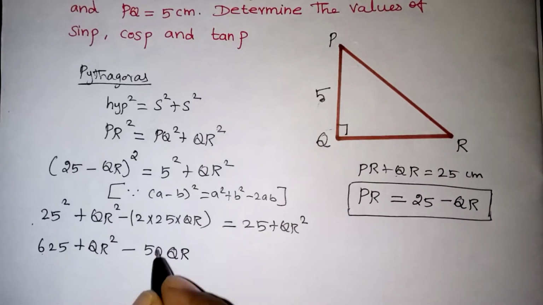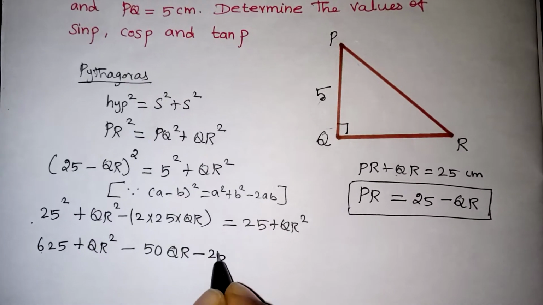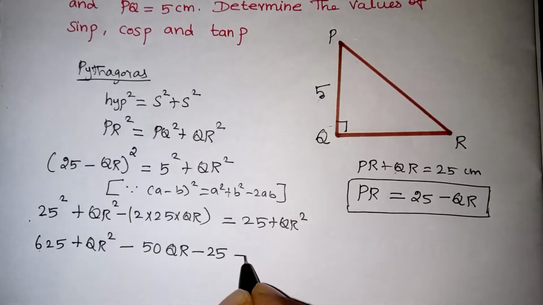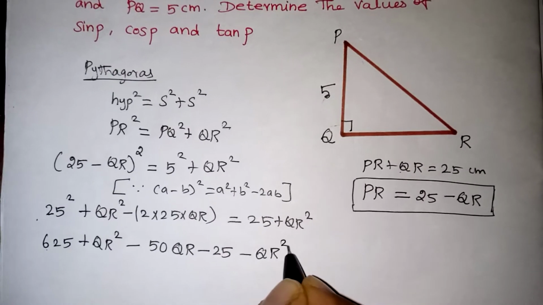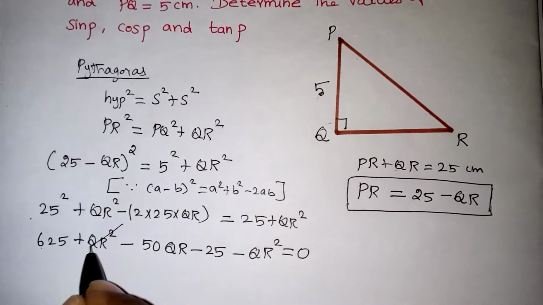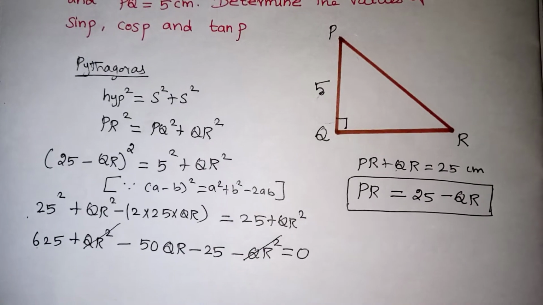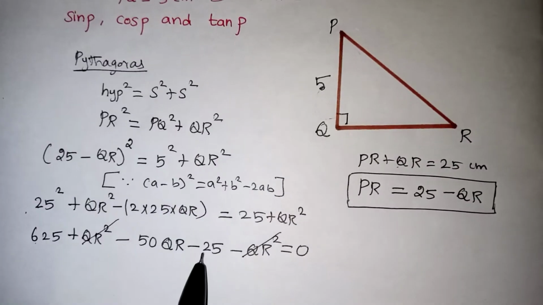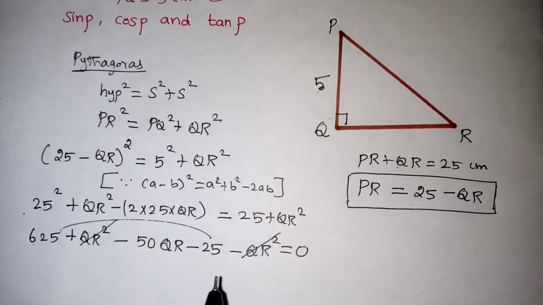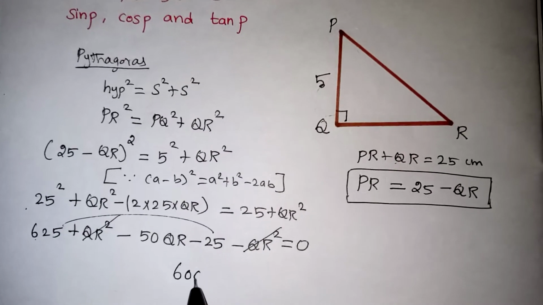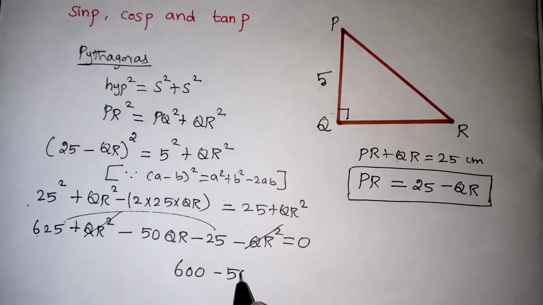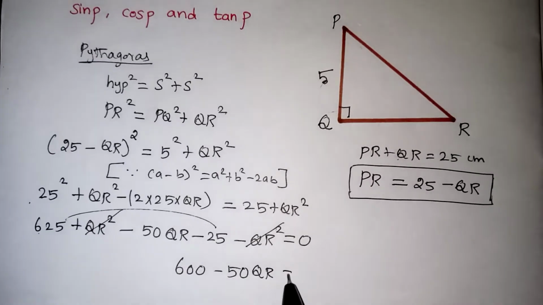Now this plus 25 take to the other side, minus 25. This plus QR squared take to the other side, minus QR squared, which is equal to 0. Plus QR squared minus QR squared will get cancelled. 625 minus 25, we are getting 600 minus 50 QR, which is equal to 0.